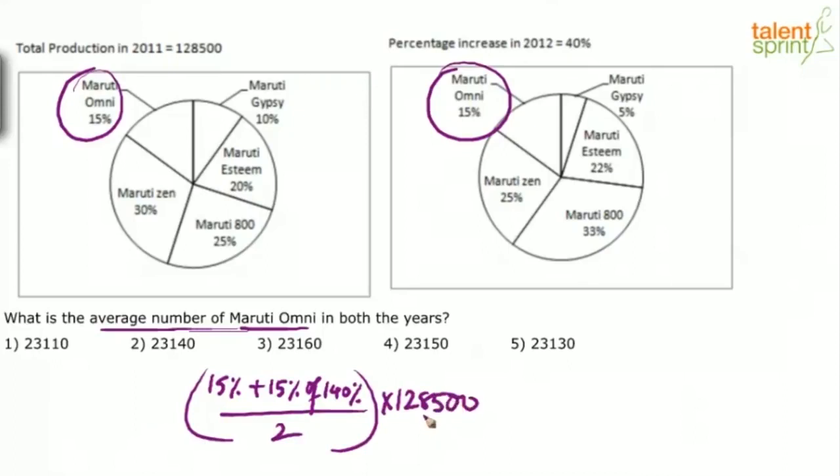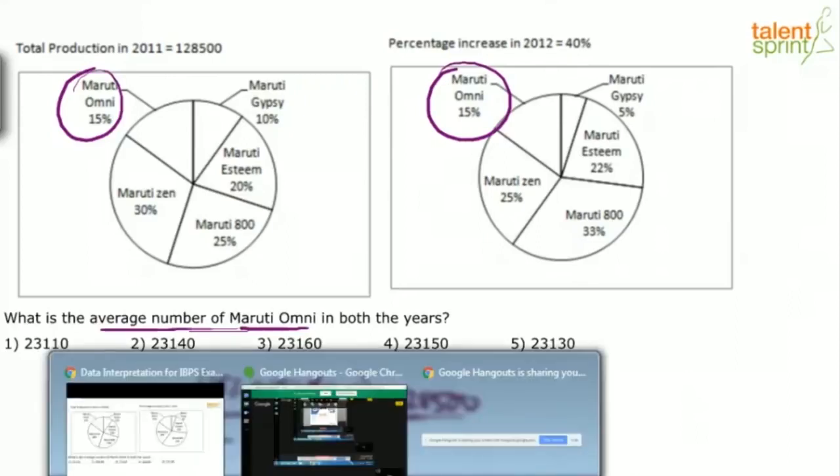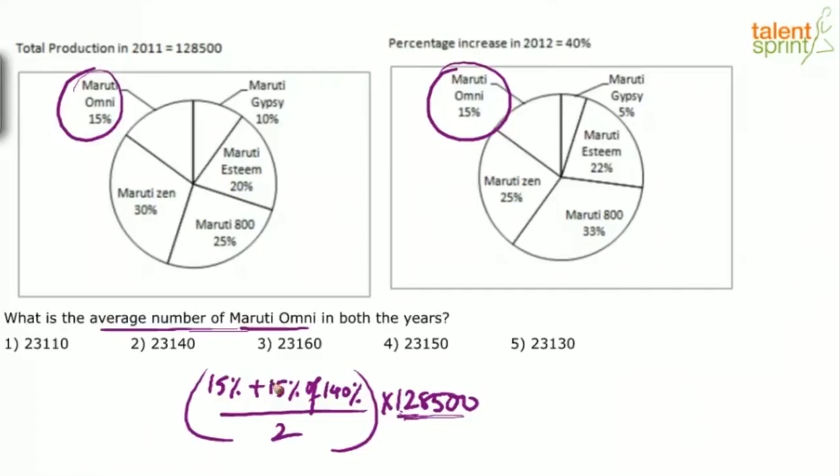See, we have taken 1,28,500 as the common value here, right? The number of Maruti Omni in 2011 was 15% of 1,28,500. So we are taking that out. In 2012, it was 15% of 140% of 1,28,500. And since it is average, we have to divide by 2. Now, what is 15% of 140%?